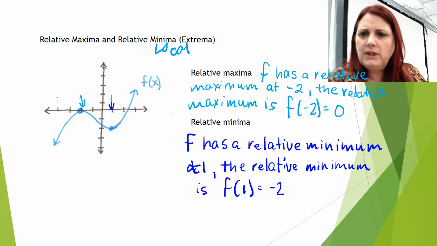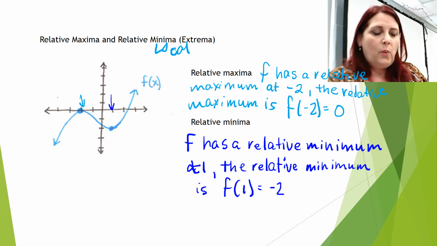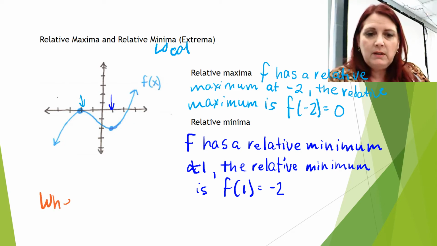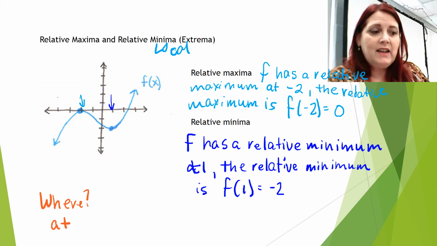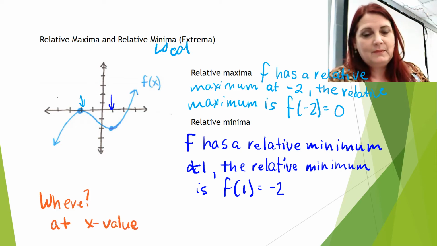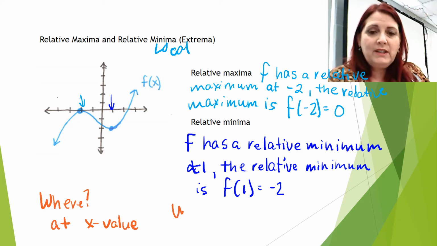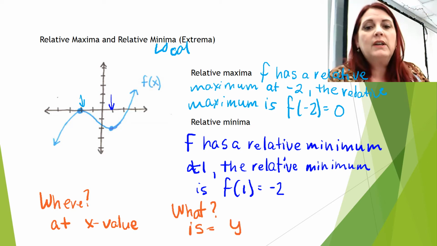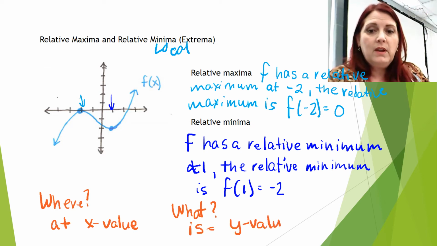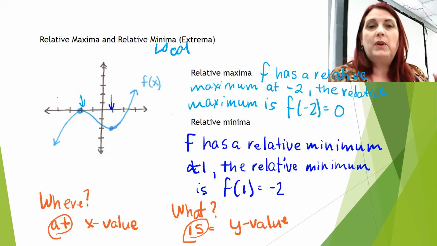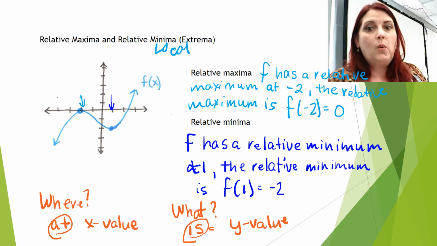I want you to take a note here: when I ask where something is, you're going to tell me at and then give me an x value. If I ask you what the maximum or minimum is, you're going to say it is, and give me a y value. That's really important to know, what we're asking for when I ask where or when I ask what.